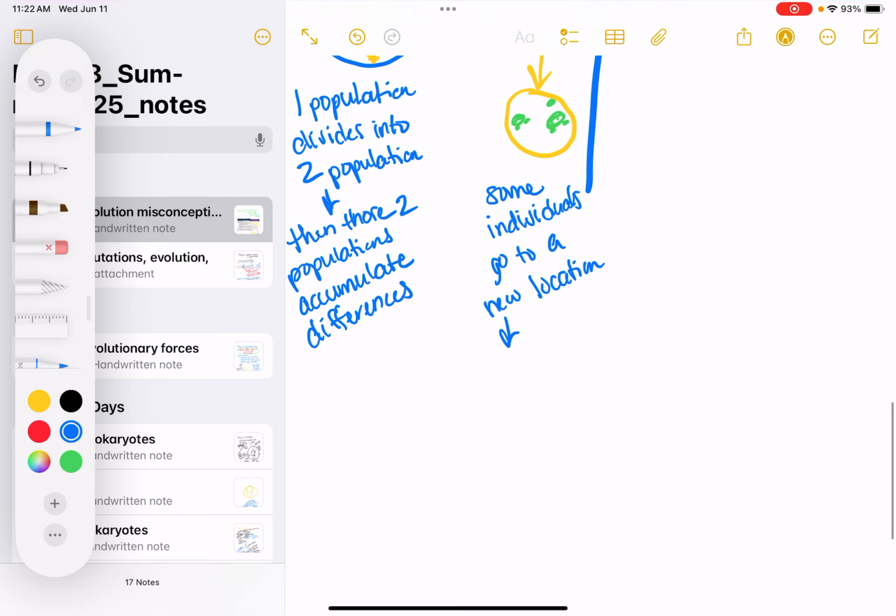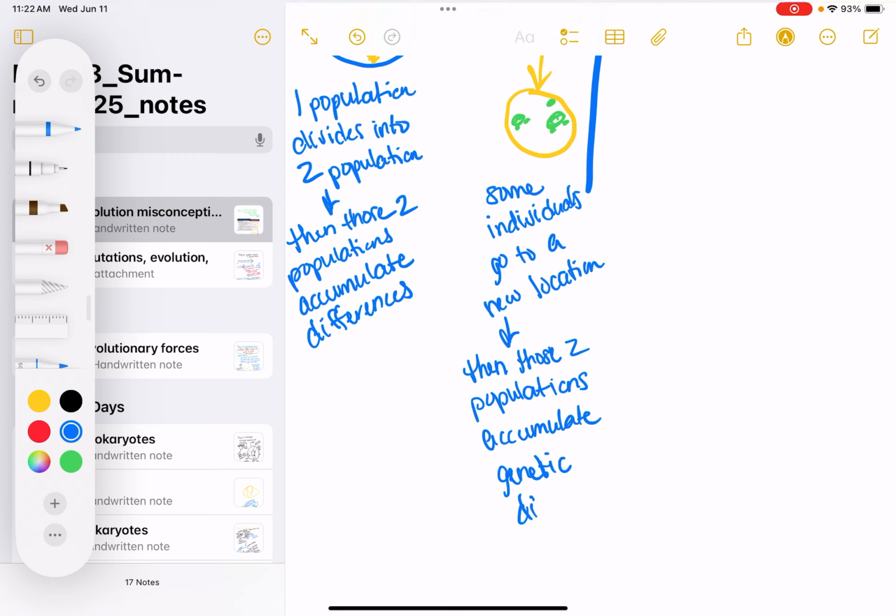And then again, those populations accumulate genetic differences. And this is the same up here too, okay? We have to have those genetic differences.